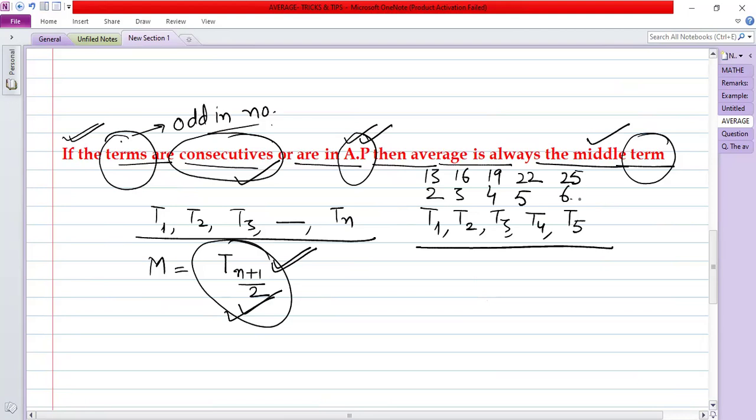So these are the two cases: these 5 odd terms are either consecutive or in AP. Here they are in AP, and here they are consecutive.